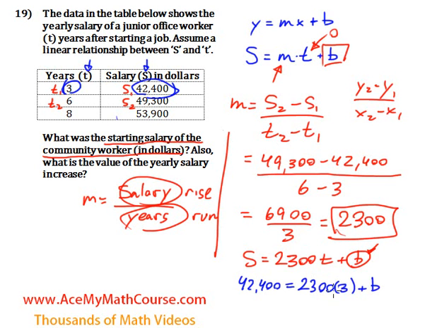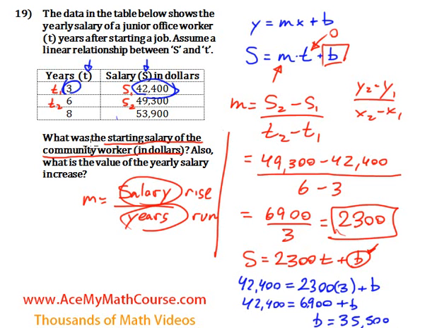2,300 times 3 is 6,900. Now to solve for B, I can subtract 6,900 from both sides of the equation, and B will be equal to 35,500, because 42,400 minus 6,900 is 35,500.